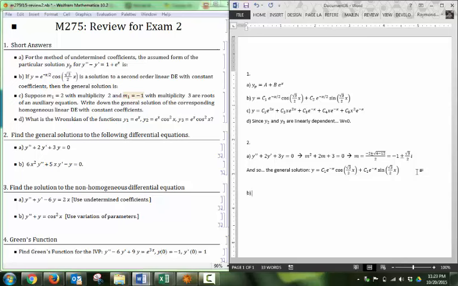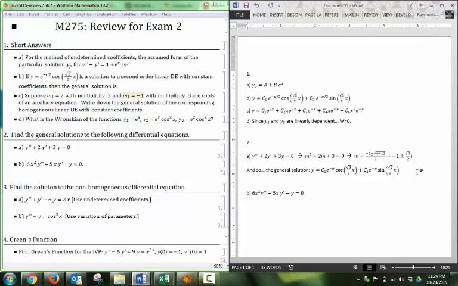Now let's take a look at the second one over here. Our differential equation is 6x squared y double prime plus 5xy prime, and then we have a minus y is equal to 0.